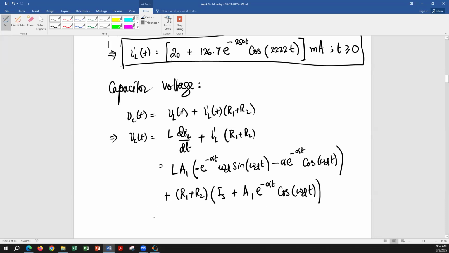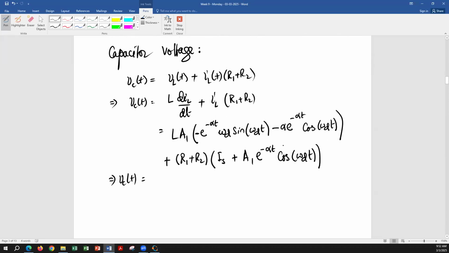And now I'm going to combine the like terms and then simplify or solve for the values. My like term, of course, I have a constant value, which is (R1 plus R2) times IS. That's my steady state response of the capacitor voltage. And then my transient response is comprised of the underdamped response, which is cosine and sine.